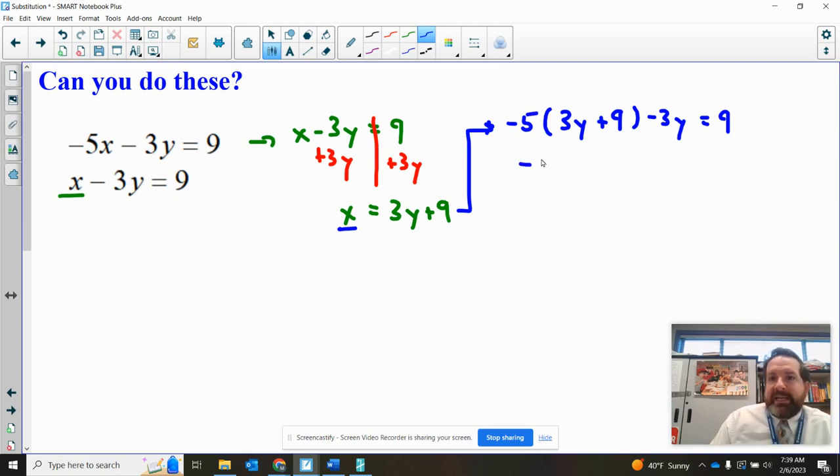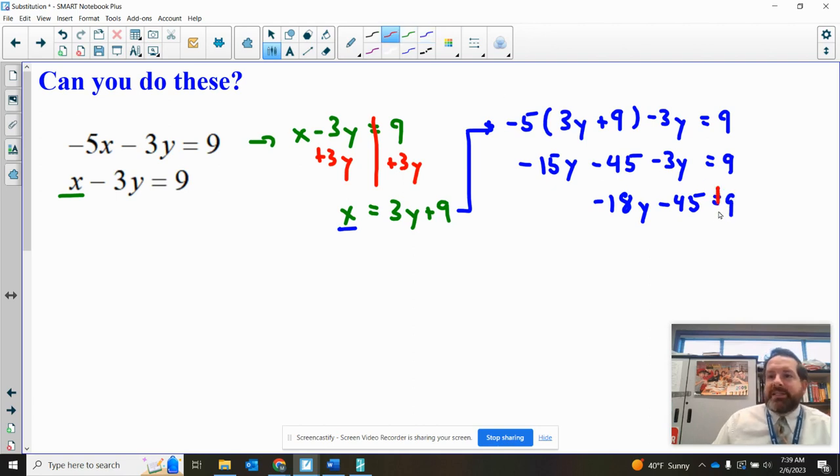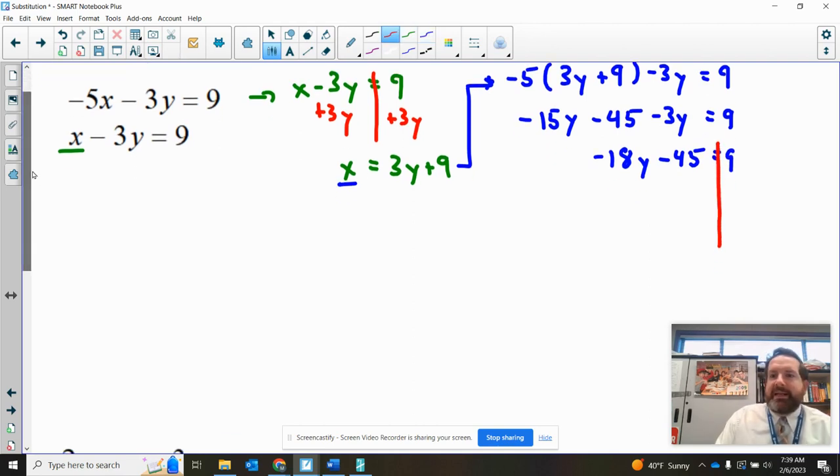I'm going to distribute that negative 5. Just simplifying now, these y's are on the same side of the equal sign, so put them together like they look. That's negative 18y minus 45 equals 9. Now is when I'm ready to solve and get this y by itself.